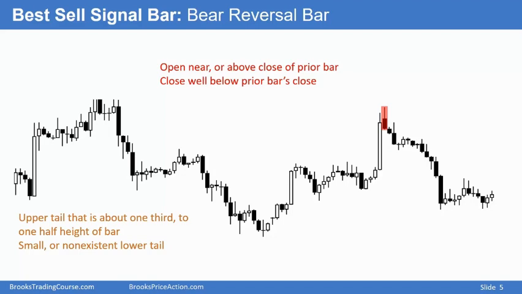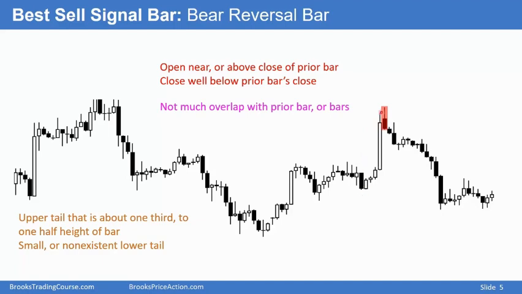It's small. However, a lot of times after a buy climax, the reversal begins with 2 or 3 small bars before traders finally give up, the bulls finally give up. Again, not much overlap with the prior bars. It overlaps obviously the bar before, but not the bars before that.